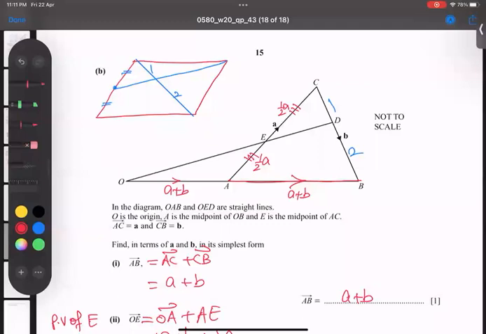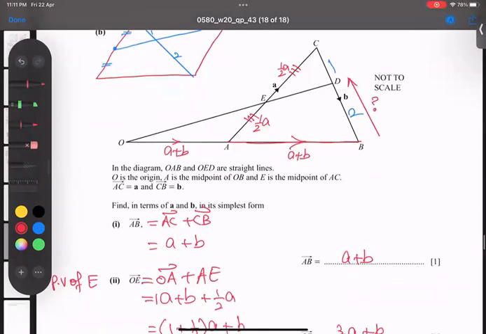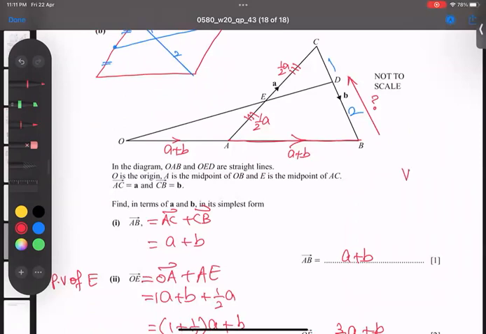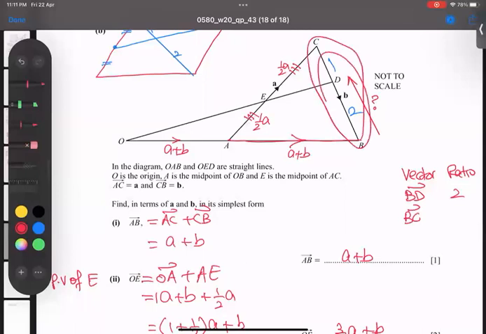Now, you know, I have a technique because I'm looking for BD. So I'm writing here the vector ratio technique. I'm looking for the BD vector. Its ratio is 2, and the total B to C has total vector ratio 2 plus 1, 3.